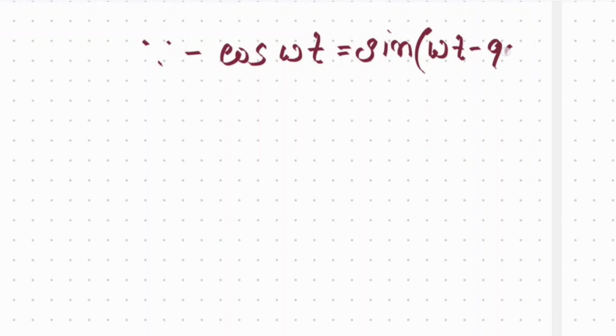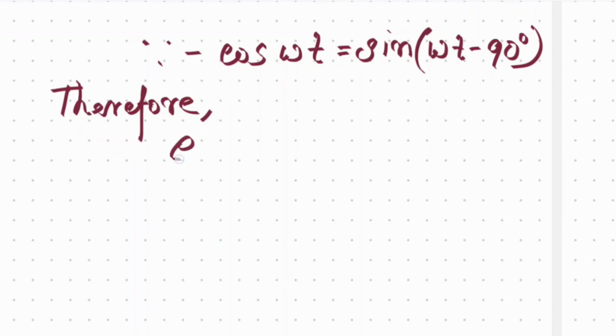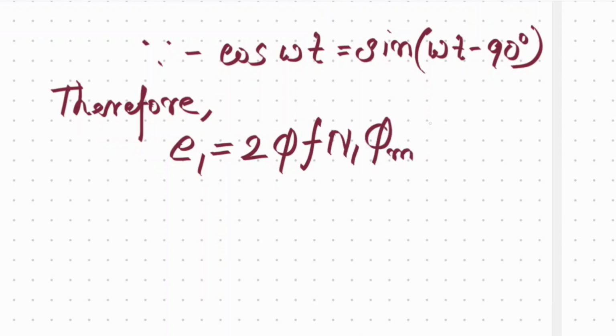Minus cos omega t is equal to sin of omega t minus 90. Therefore we can write E1 is equal to 2 pi f N1 phi m sin of omega t minus 90 degree. So this is equation number 2.